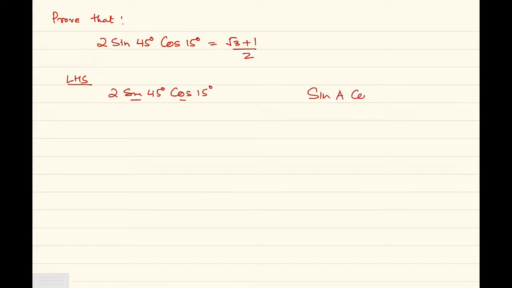Sine A cos B, sine cos, and this side it is sine A plus B plus sine A minus B. If you want to confirm the formula, you can look at your formula copy. The formula is sine A cos B equals sine A plus B plus sine A minus B. So let's use the formula. There's a 2 as well.